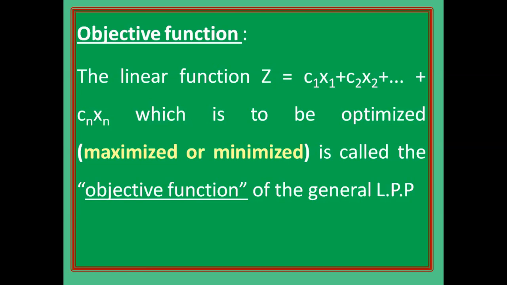So on up to all those n type of products either produced or purchased. So put together totally C1x1 plus C2x2 plus so on up to Cnxn will give you the total Z that is to be optimized, maximized if it is producer viewpoint, minimized if it is on the basis of consumer. So that will be called as an objective function of general LPP.